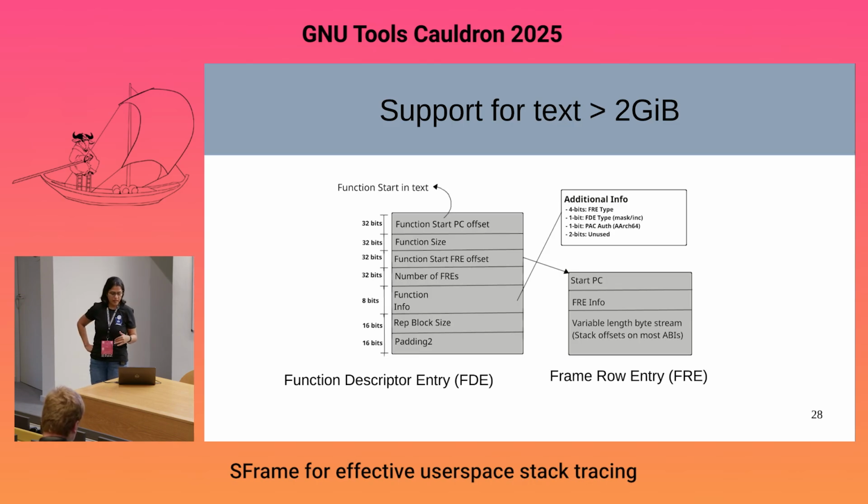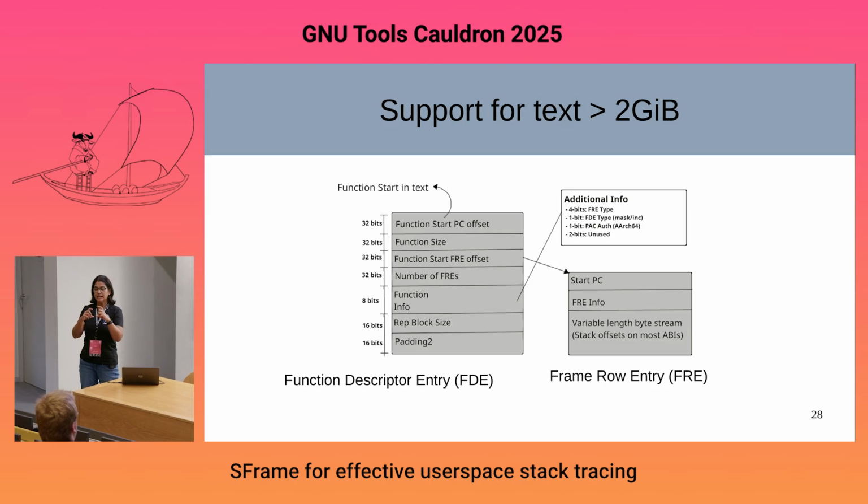So we did that exercise and asked, can we do something better? We had added padding earlier just to keep these FDEs aligned. It's one of the things in SFrame: you try to keep as many accesses aligned as possible until the point it starts hurting your compaction.